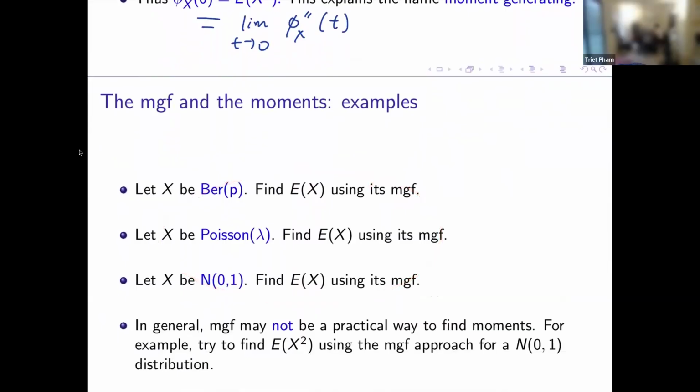So these are some examples. Notice that we don't need to use the MGF to find the moments here. We do know the answers, but it's more like a verification, where we use this moment-generating function technique to check that it's actually valid. For example, for Bernoulli, what is the MGF that we found? Remember?